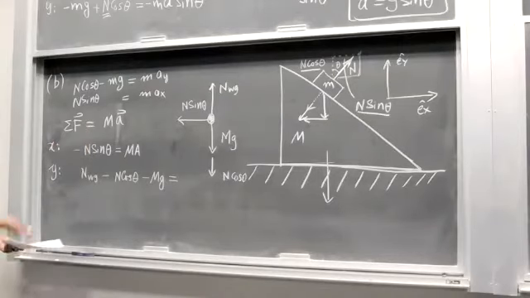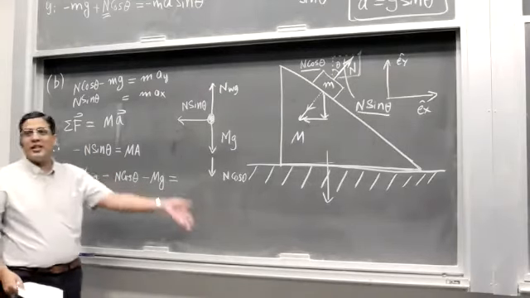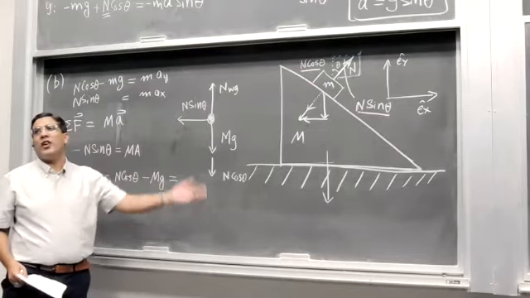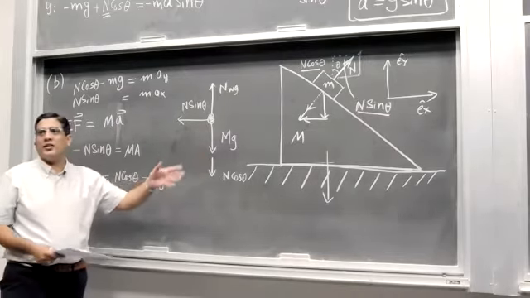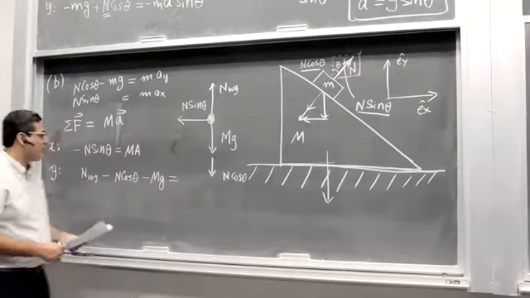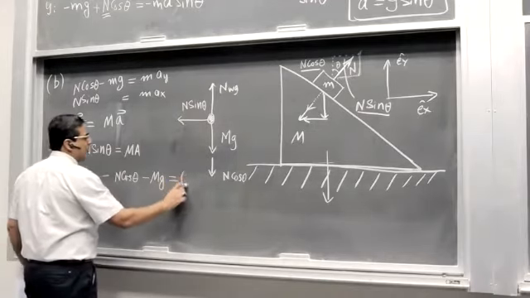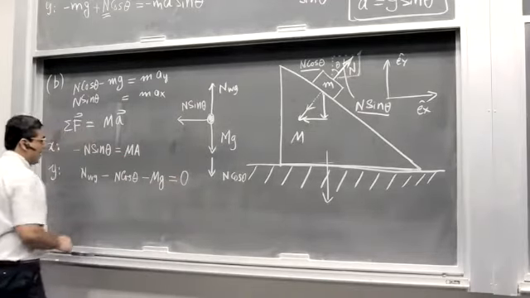And it is given that this block is neither penetrating into the earth nor jumping off the earth. So it moves along the horizontal surface. So we can just set this to 0.